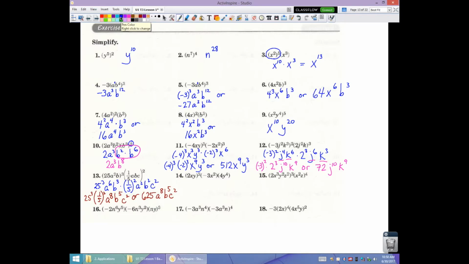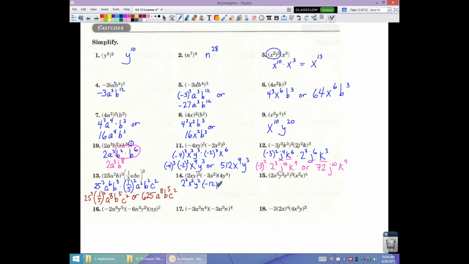Okay, number 14. The 2, this first exponent, is applied to everything in that first parenthesis, so 2 squared, x squared, y squared. There's no exponent on either of the next two parentheses, so I can just recopy them here at this step, or if I want to go ahead and multiply those together now, I could do that. Negative 3 times 4 is negative 12.